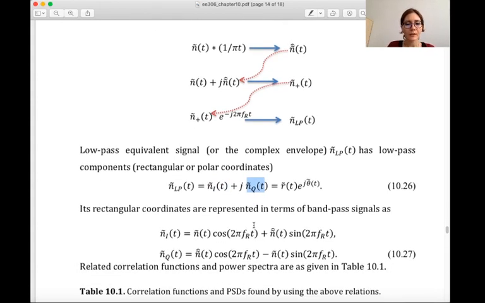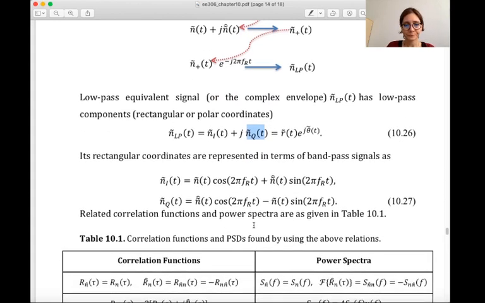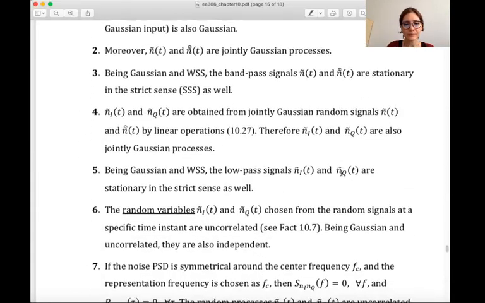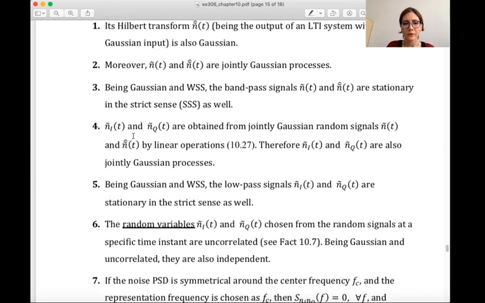When you're dealing with Gaussian processes, probably the first thing that you might want to check is whether the resulting processes are Gaussian or not. So what this property tells us, I think we're in the fourth one, is that N_I and N_Q are obtained from the jointly Gaussian random signals N and N hat by linear operations.